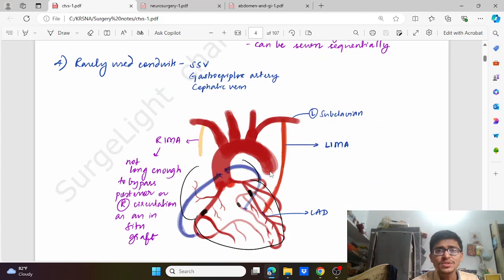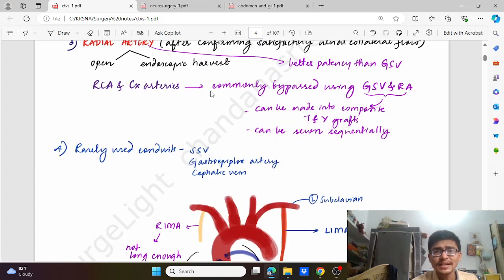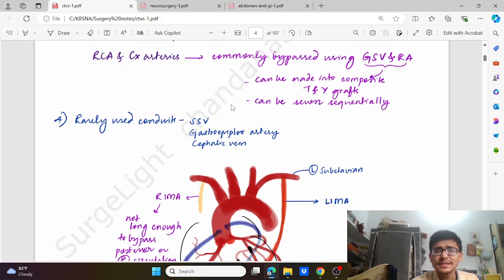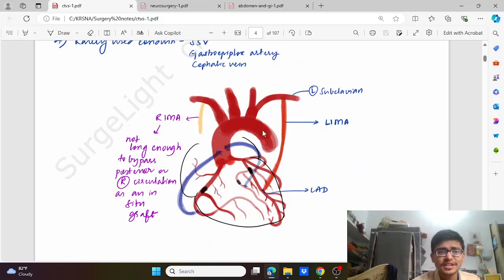Then rarely we use SSV, gastroepiploic artery or cephalic vein. So right coronary artery is commonly bypassed using right GSV or right radial artery. It can be made into a composite graft and can be sewn sequentially.